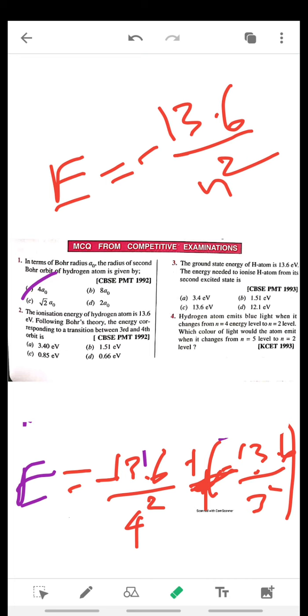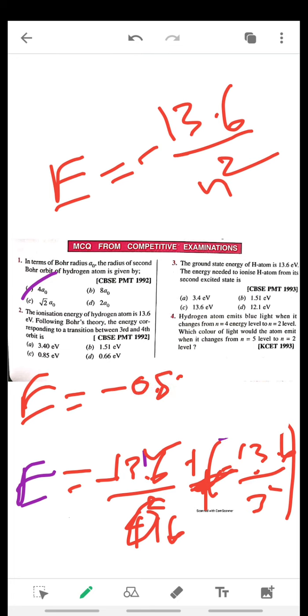Or simply we can calculate that. E equals minus 13.6 divided by 4 square, which is 16. Minus 13.6 divided by 16, this value is minus 0.85.